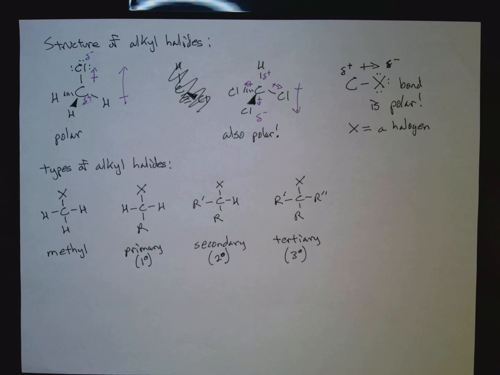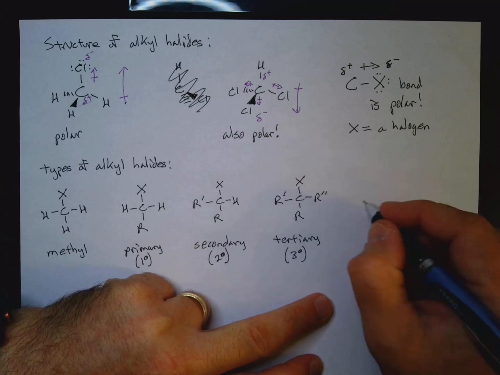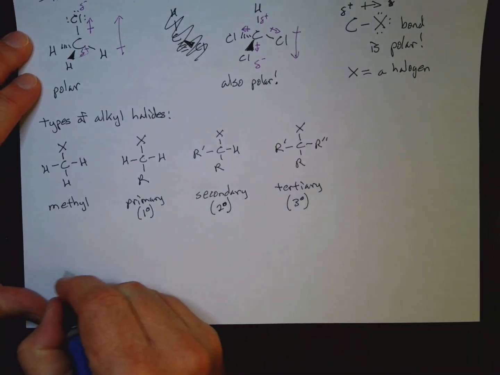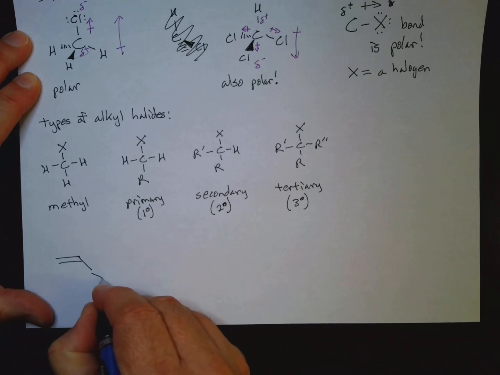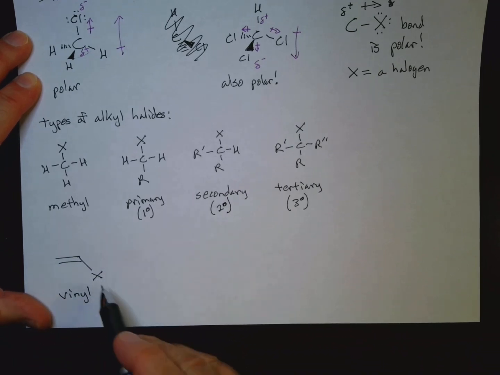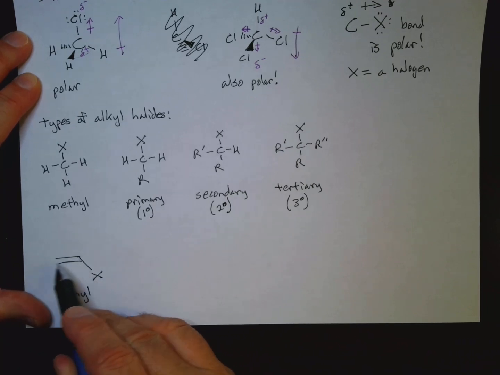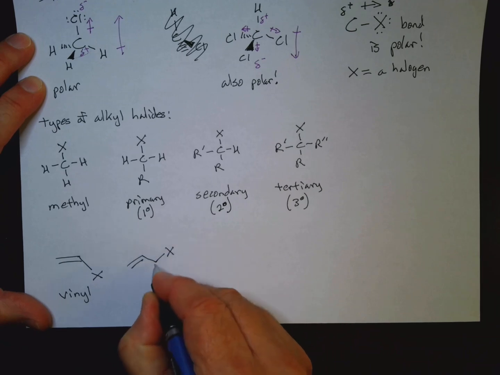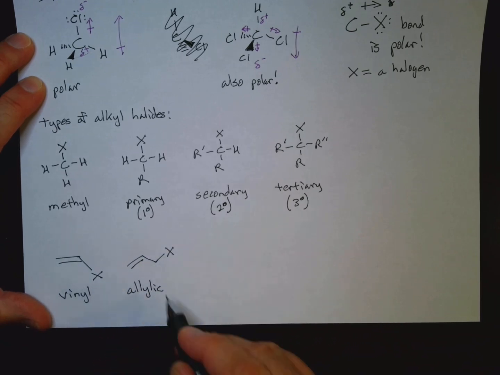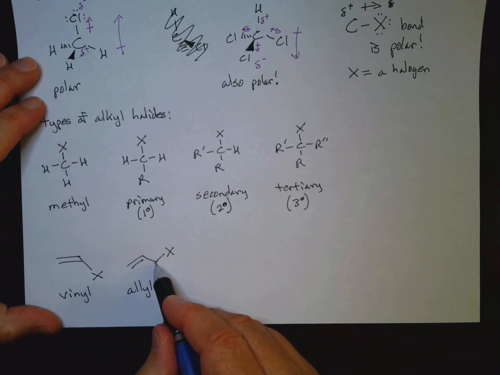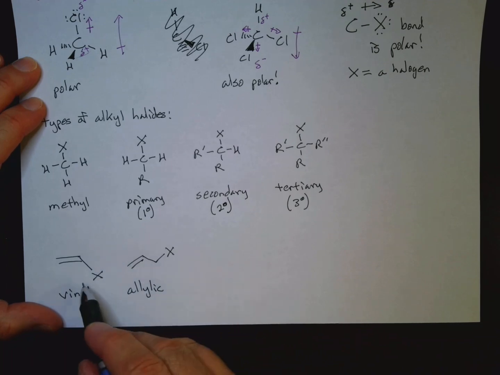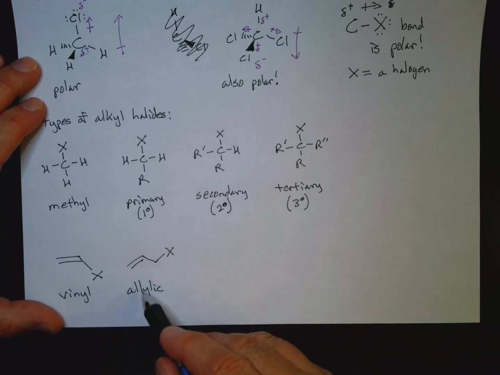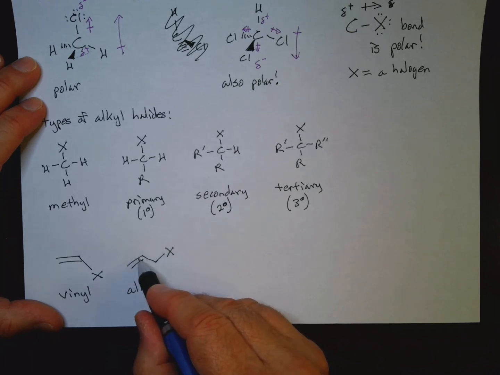Now we can also have some others. We could have a vinyl halide, where the halogen is directly connected to a carbon that's double bonded to another carbon. We could have a single bond in between, and that's an allylic halide. So we have halogen, single bond carbon, double bond carbon. With the vinyl, the halogen is directly attached to a double bonded carbon. With the allylic, the halogen is attached to a carbon that is then attached to the double bonded carbon.